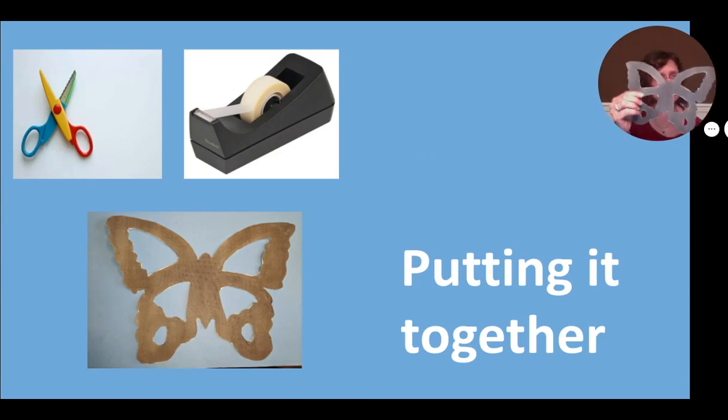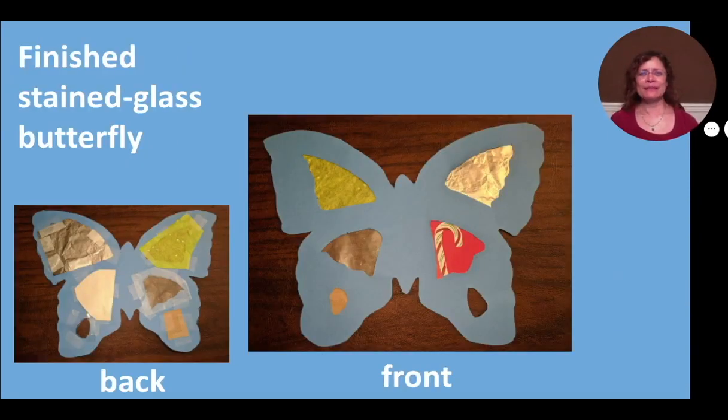I then used my butterfly pattern to trace on construction paper so I could use that as one of my different materials. I used my scissors to cut out the different materials, and then I taped those materials in place on the back of the butterfly to hold them in place. Once you have taped the material to the back of your butterfly, you will have a beautiful stained glass butterfly.